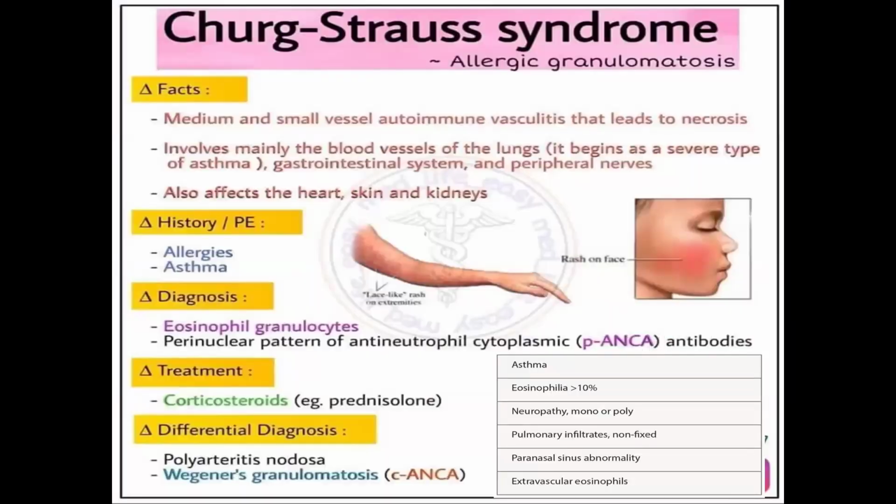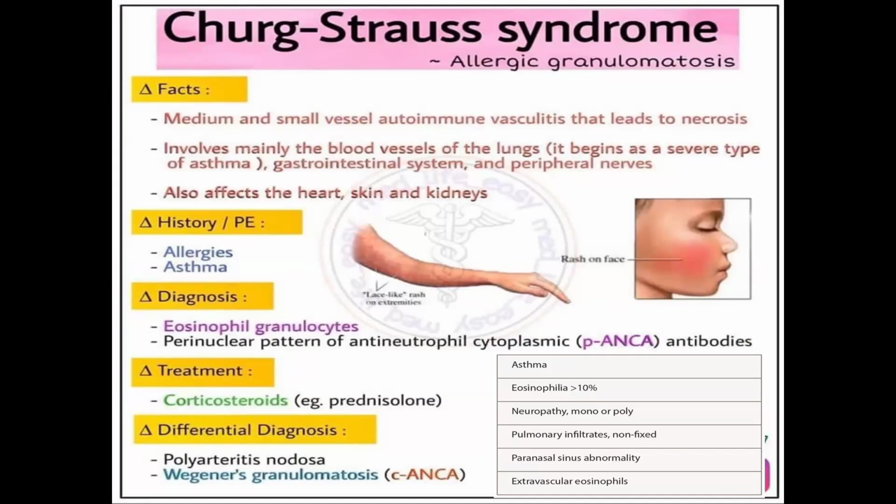Churg-Strauss, again, affects medium and small vessels, mainly the lungs, gastrointestinal system, and peripheral nerves. Patients complain of asthma, allergic reactions.